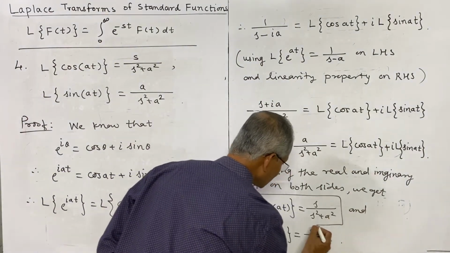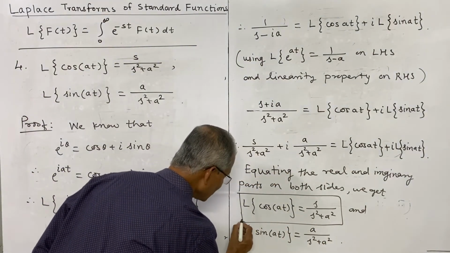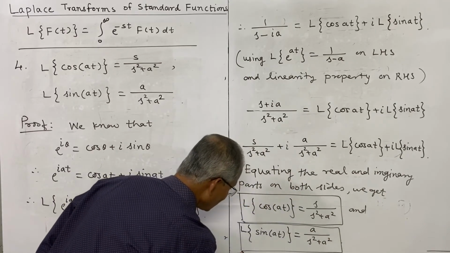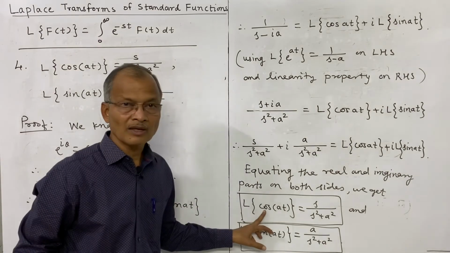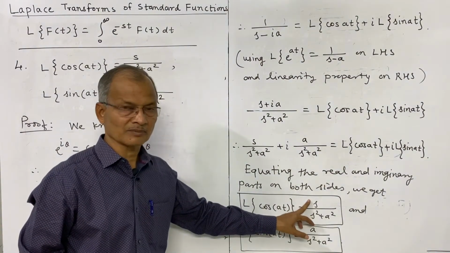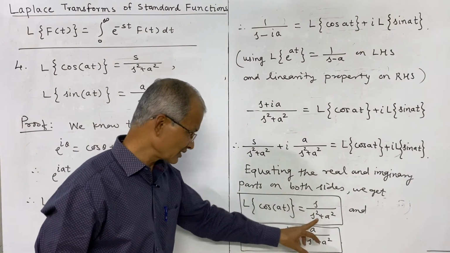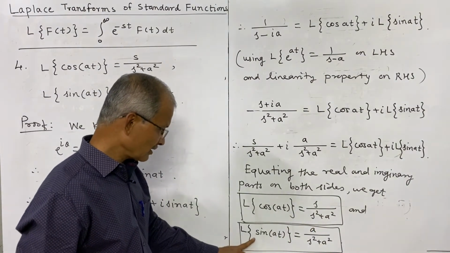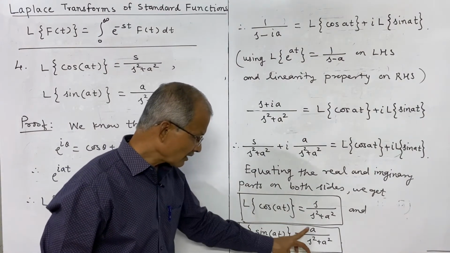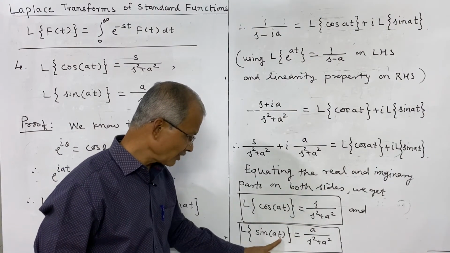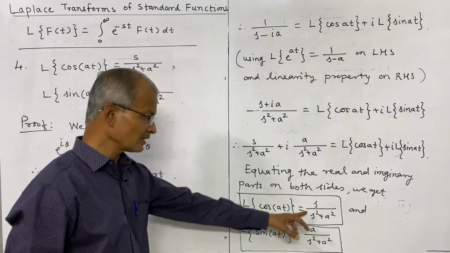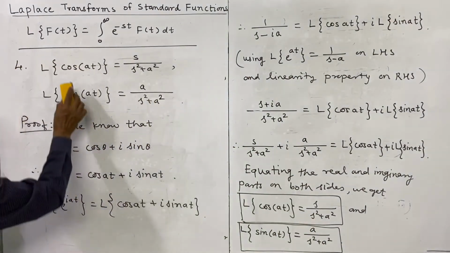We should remember this, and see the difference. When there is a cosine term, the numerator is s, the parameter of the Laplace transform, divided by s square plus a square. Whenever we consider the Laplace transform of sine, the numerator is the coefficient of t, which is a constant, and the denominator is the same, s square plus a square.